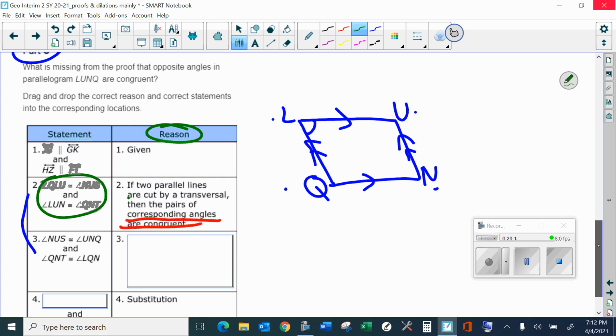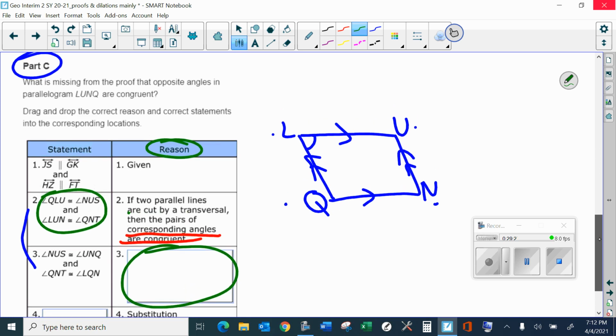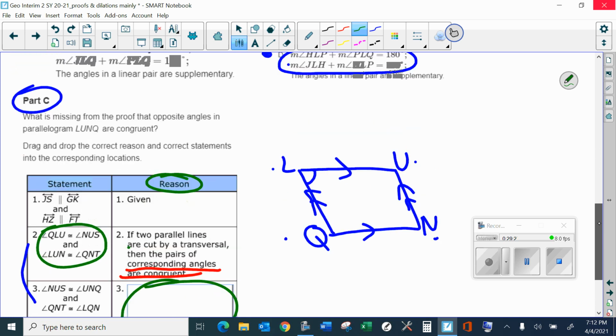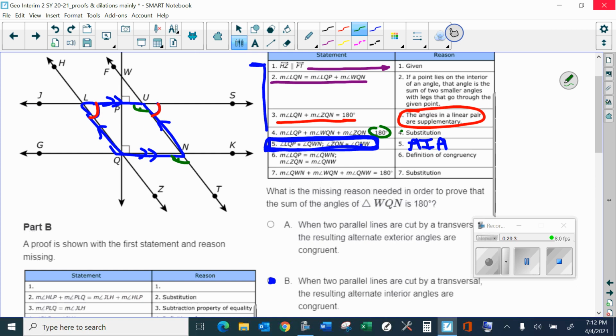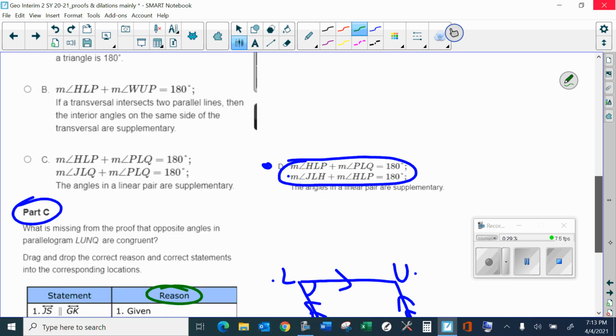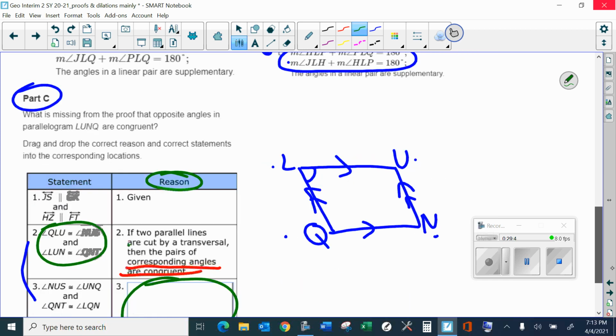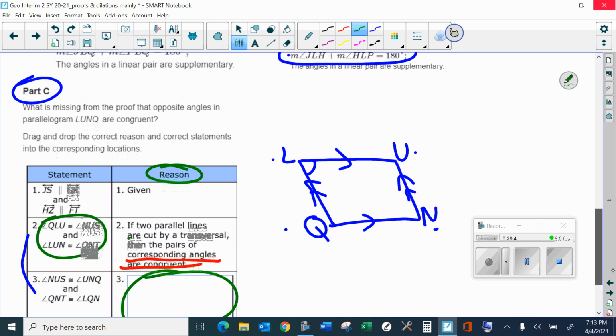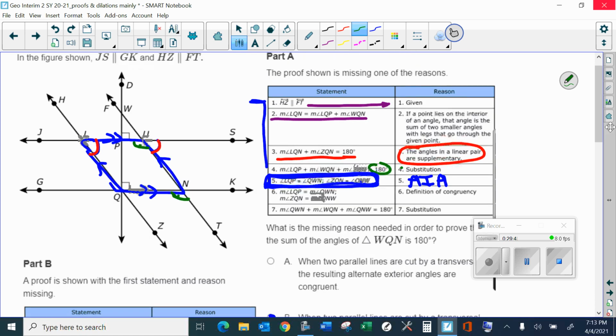Okay, so now it says NUS is congruent to, and you're trying to give the justification for that. That's what you're trying to figure out. NUS, this red one right here, is congruent to UNQ. Let's make it red again so we know which ones.